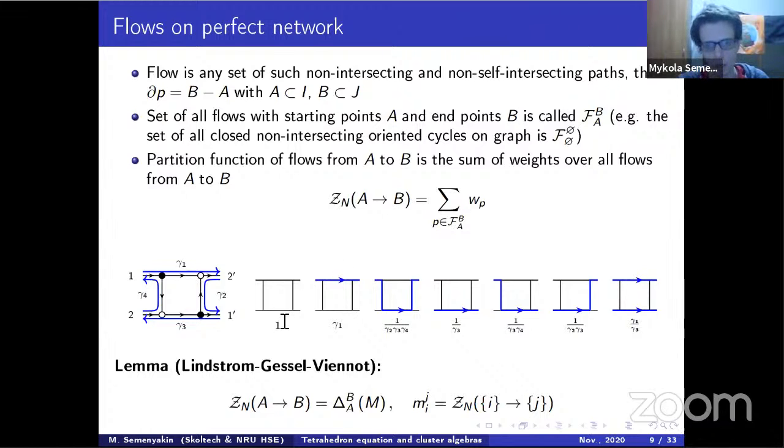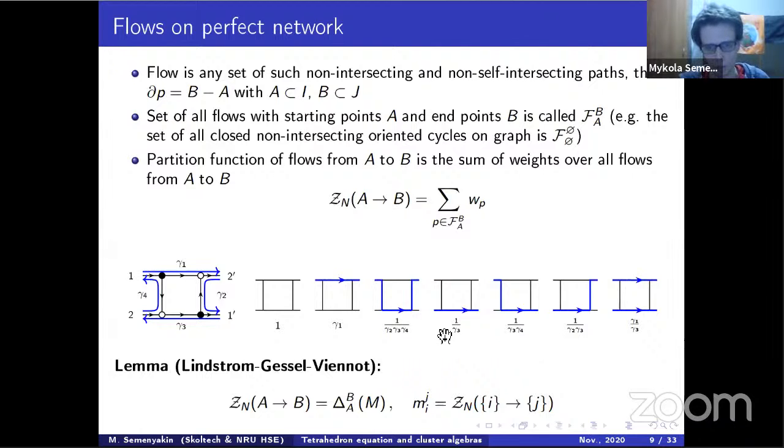And here is an example where all possible flows and their weights are written. For example, this flow is 1 over gamma 3, and it has one source and one sink. In this notation, this is a flow from 2 to 1 prime.